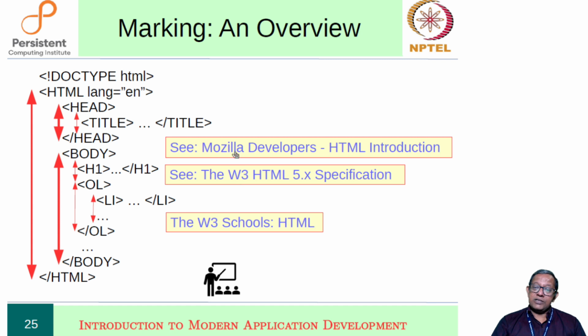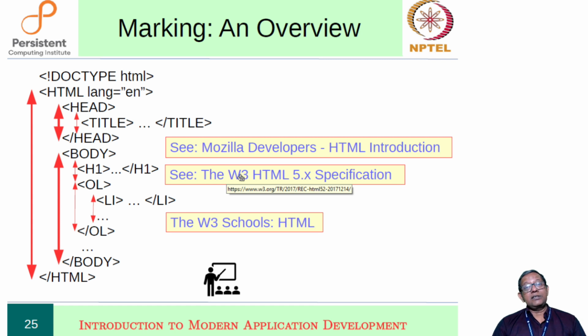We also have some links shown over here which you can use for a more detailed study or as a reference for the various HTML tags and their uses. In fact, the most authoritative version would be in the W3 pages.